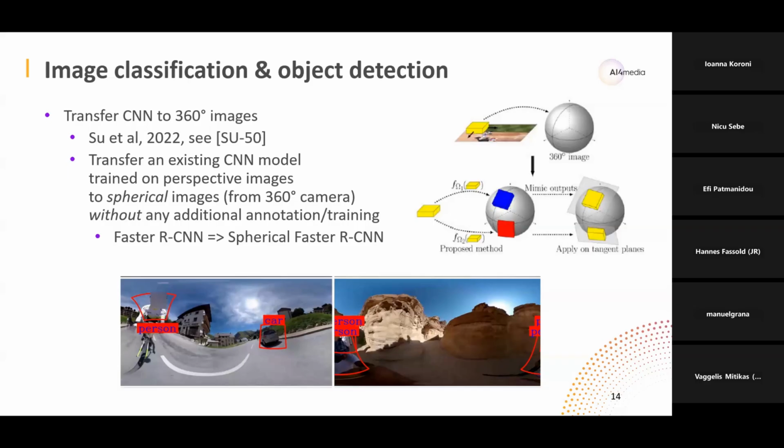And you can see immediately the problems, so the distortions towards the poles, and also, for example, on the right image, the detection bounding box is shown on the left and right border, which is actually, as I told you, an artificial border.